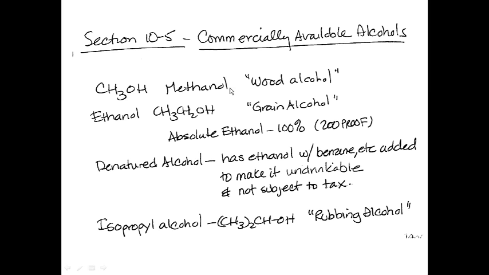Methanol is also called wood alcohol because you can actually take wood and destructively distill it to make methanol. If you take wood and you heat it in the absence of air, so in other words you're not burning the wood but you're distilling it, the distillate that you collect off the wood will be methanol, and so that's called wood alcohol.